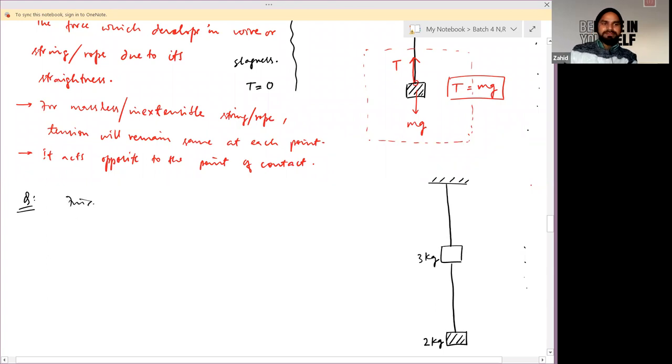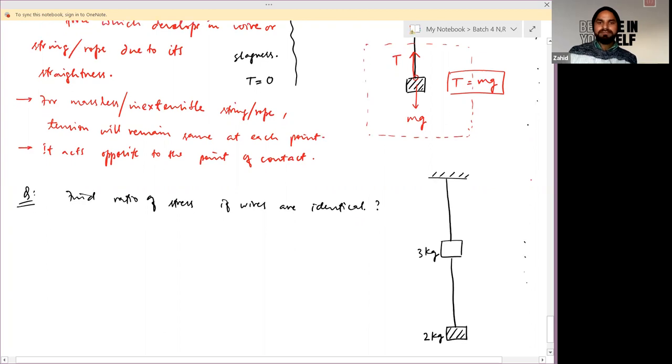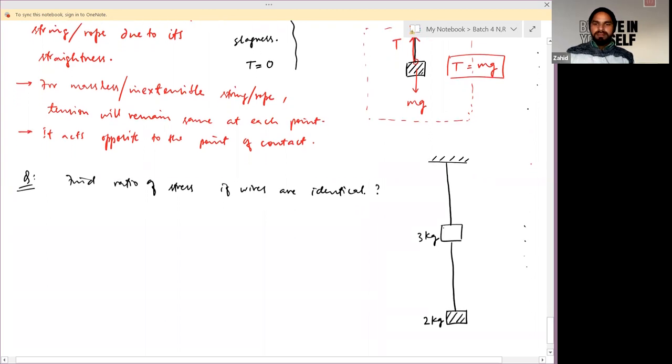So find the ratio of stress if wires are identical. So let me define for you how to calculate it.